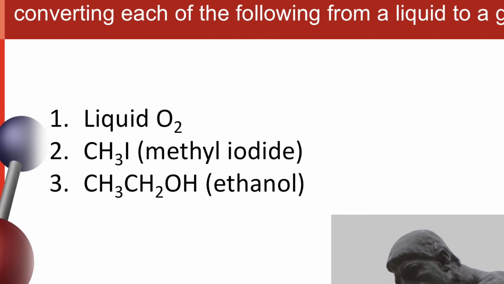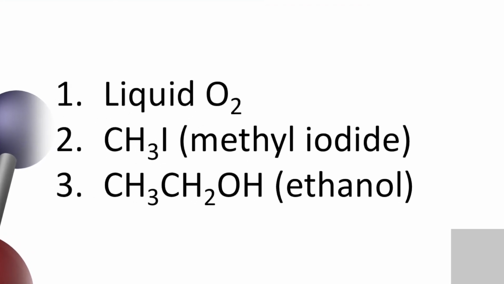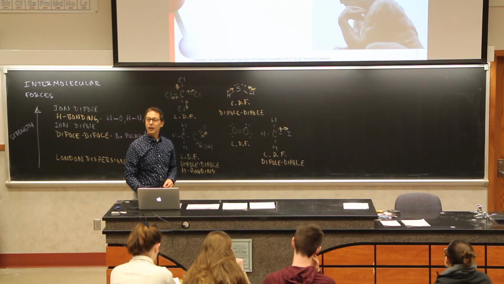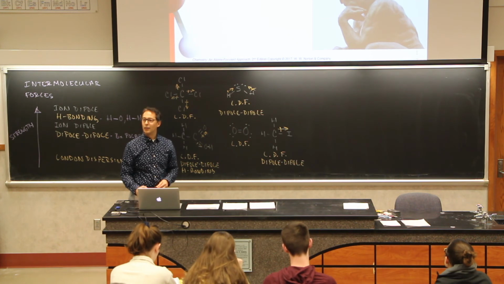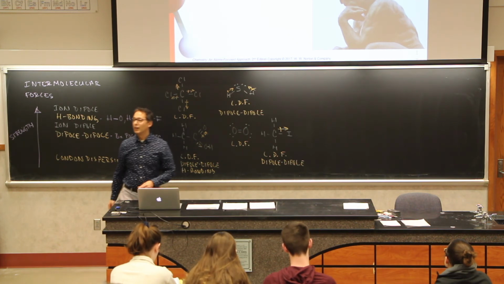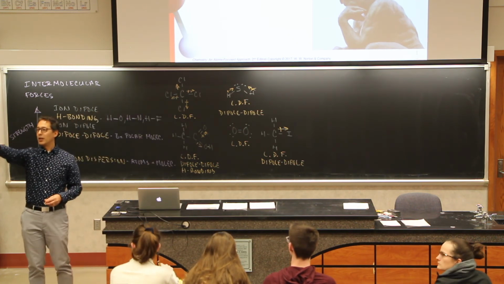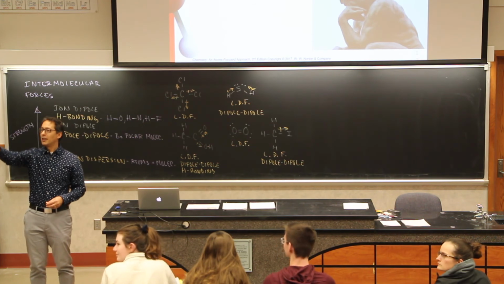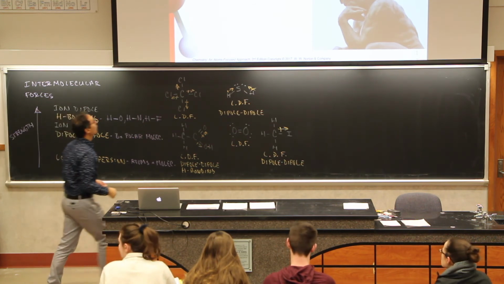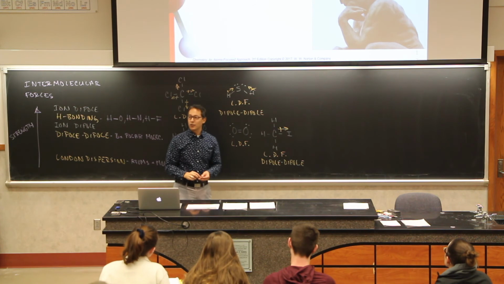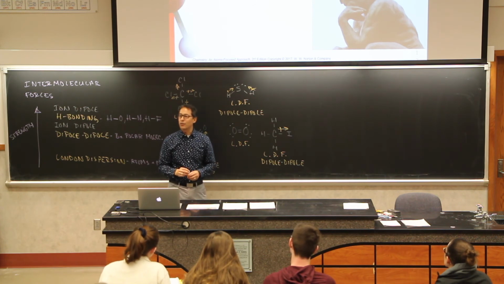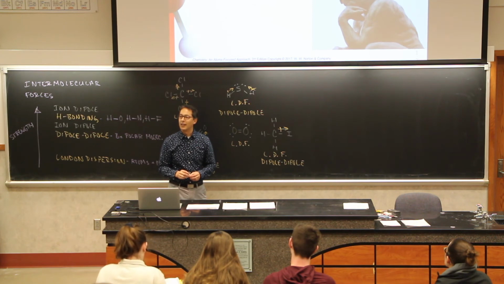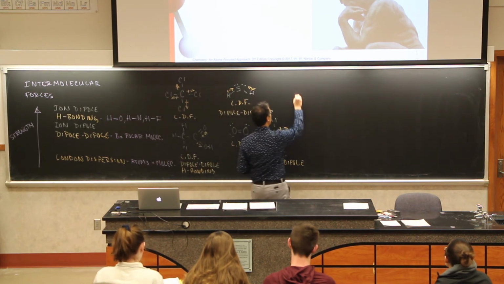Ethanol. Help me out with ethanol. Al, could you help me out with that one? Okay, so ethanol. Can you help me with the Lewis structure for ethanol? It's got 2 C's, yep.